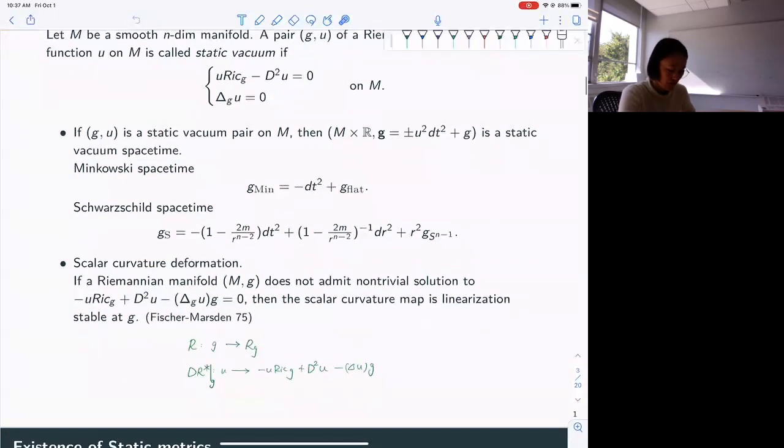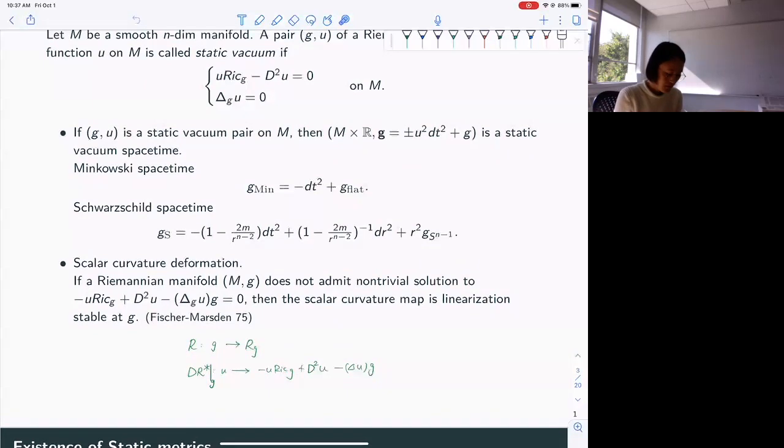The reason for this is that if we consider the scalar curvature map, which maps the metric g to its scalar curvature, then if we compute the L2 formal adjoint of the linearized operator at a background metric g, it will be in this form. That's called the formal adjoint of the scalar curvature operator.